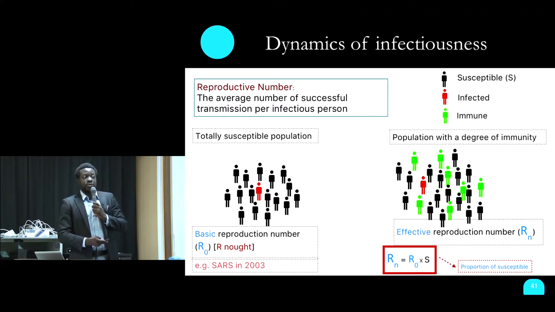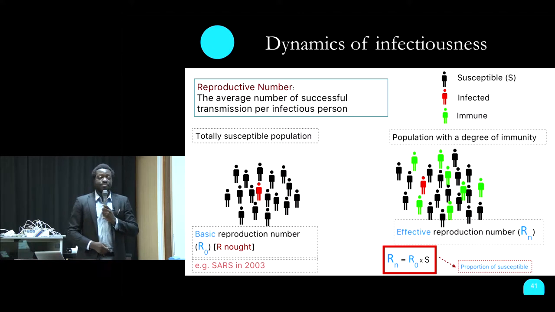In that case, we don't talk about the basic reproduction number, but the effective reproduction number, which is just the basic reproduction number multiplied by the proportion of those who are susceptible.